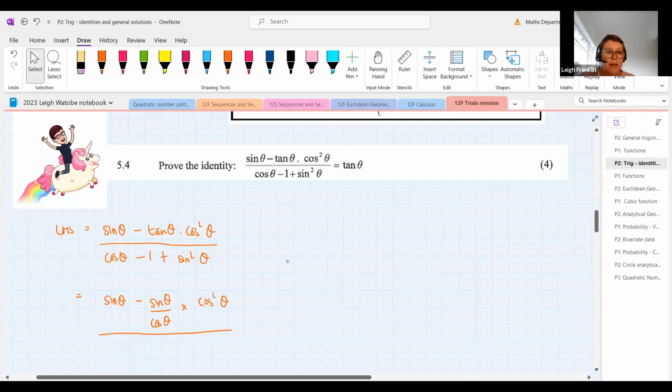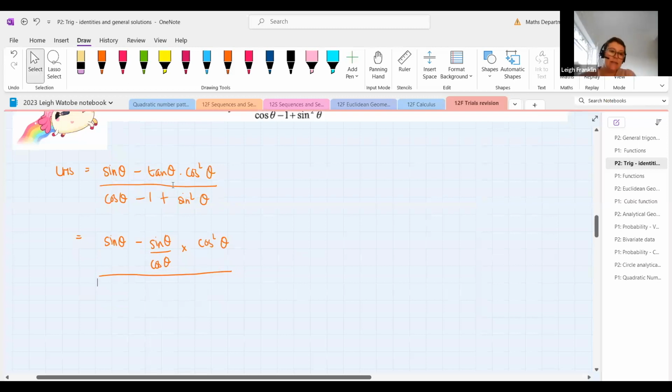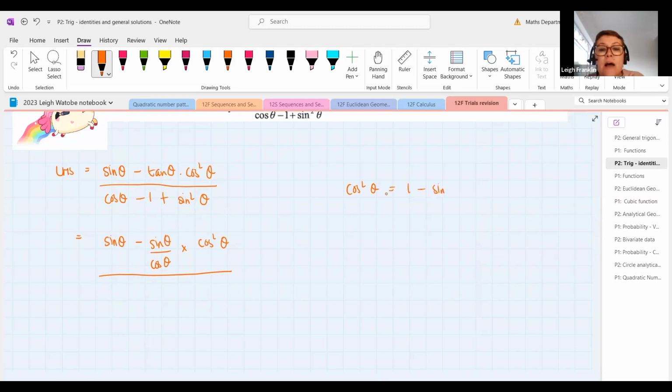Okay, so Amahle made a suggestion. She said, let's change the negative 1 plus sine squared theta into cos squared theta. So remember, cos squared theta is 1 minus sine squared theta. If we have a look at what we've got here, can you see our signs are the wrong way around?